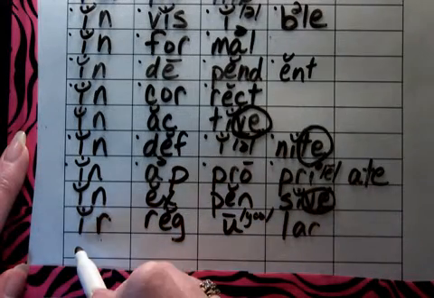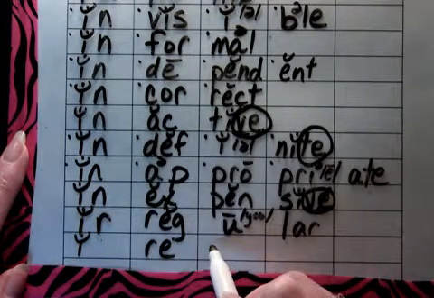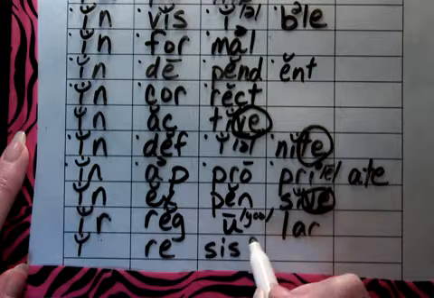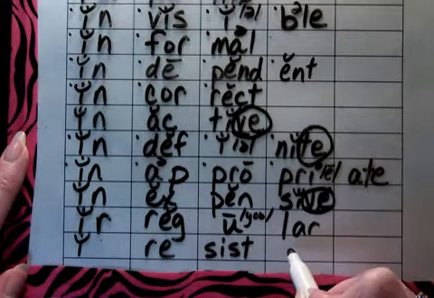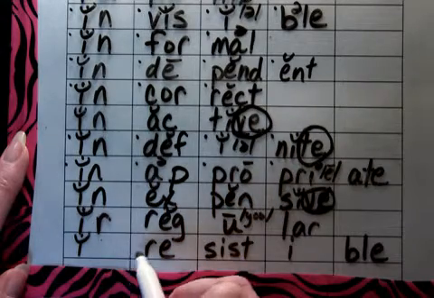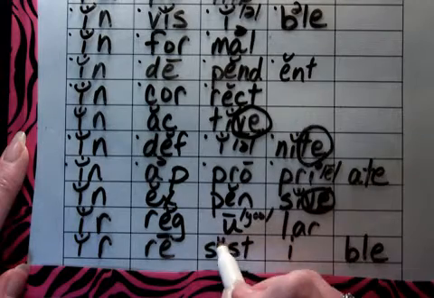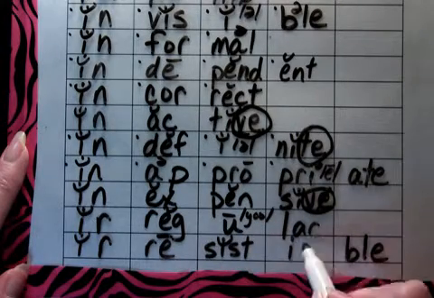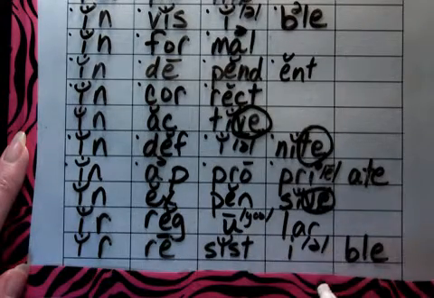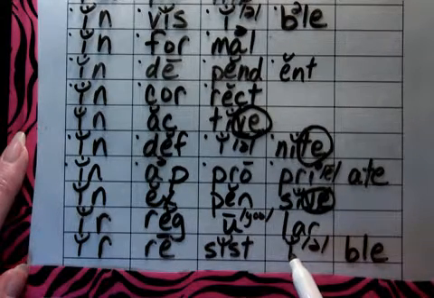Irresistible. We have to double the R. Open syllable, closed syllable. The vowel is short. This is a schwa sound, or I. I don't know why.